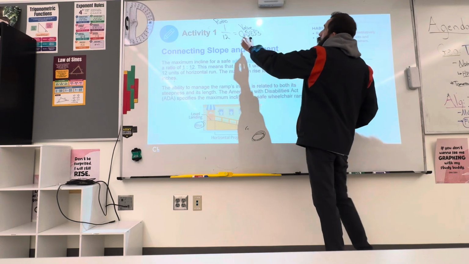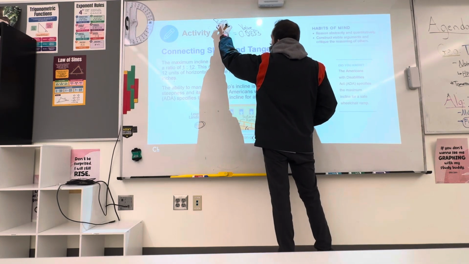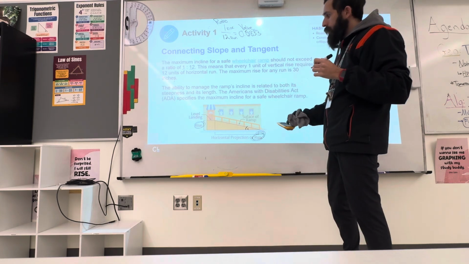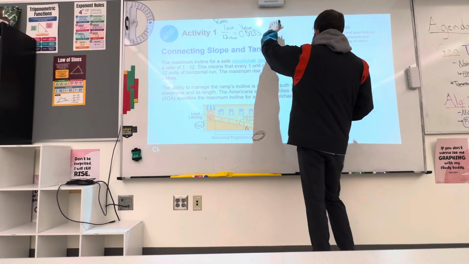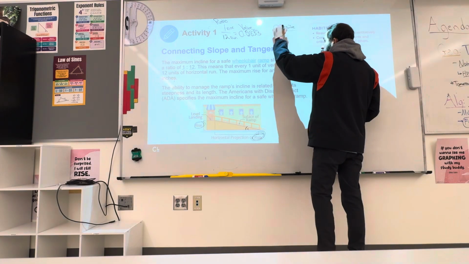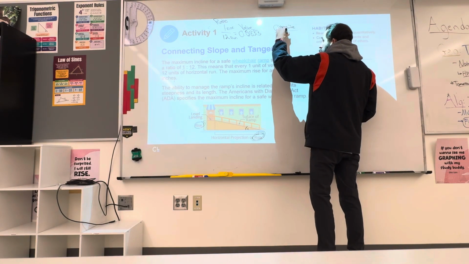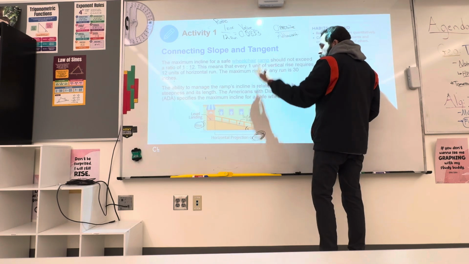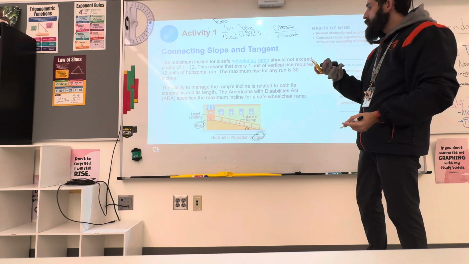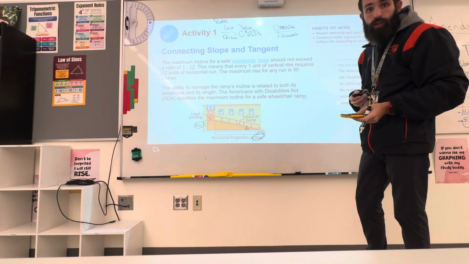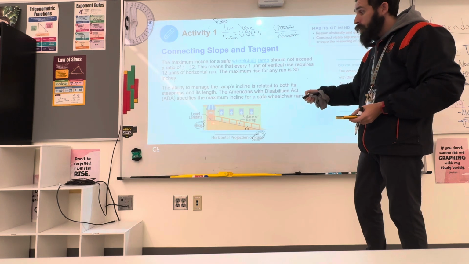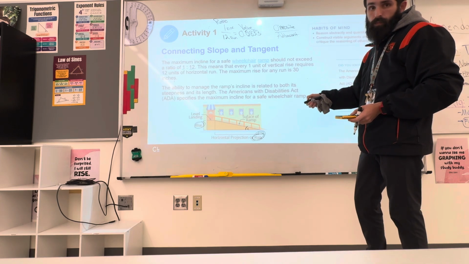Now remember, up here, we had rise over run. Is that not the same thing as opposite over adjacent, when the reference angle is that angle of inclination? Right, because that is the tangent ratio. That is the tan ratio that will apply to all right triangles, okay?